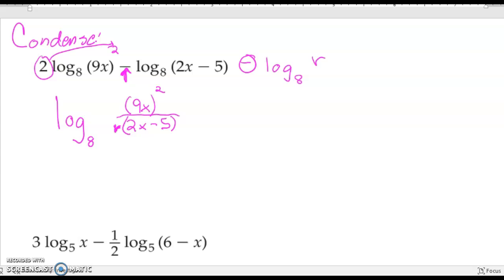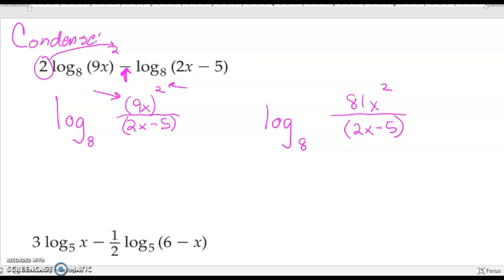Now, one thing we could do is work out 9x squared. That would be 9x times 9x, which is 81x squared over 2x minus 5. And I'm going to leave that r out. That wasn't in the original problem.